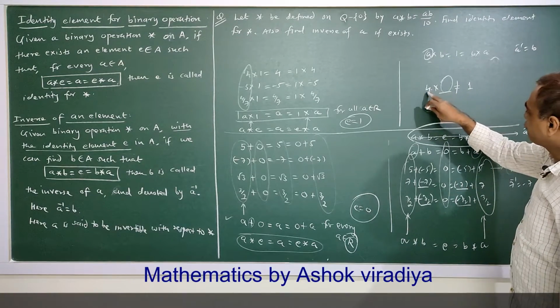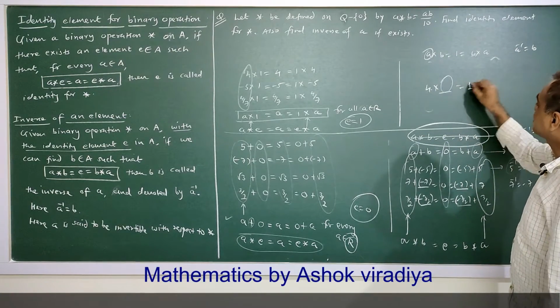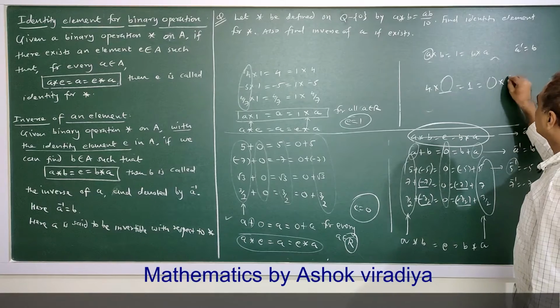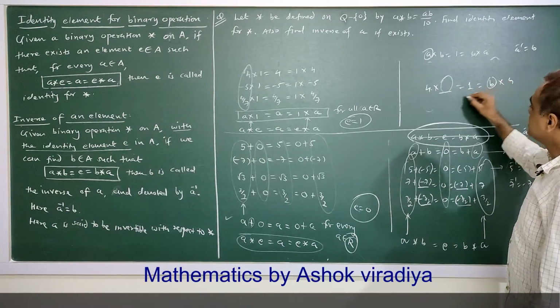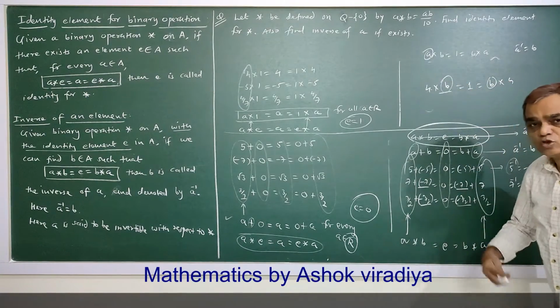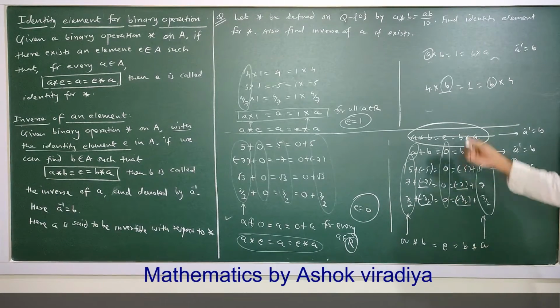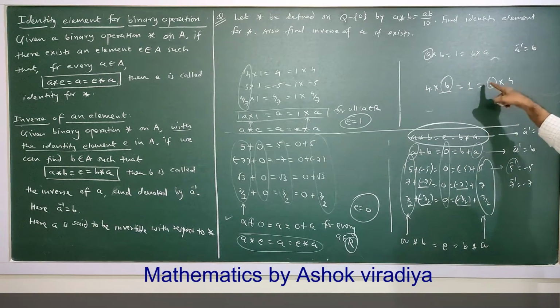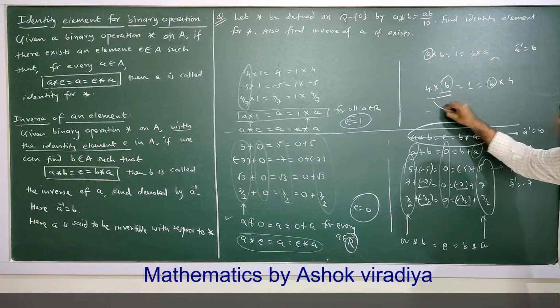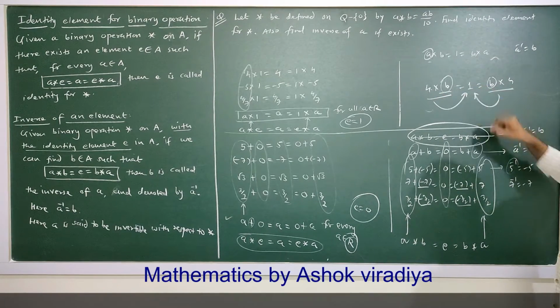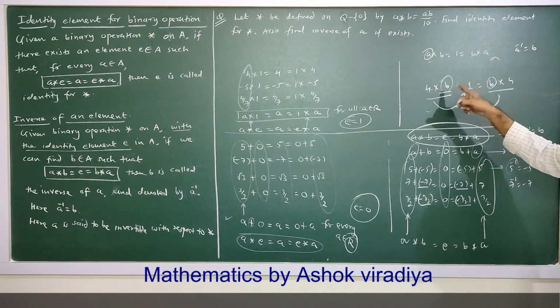Both sides: 4 into something is 1 and something into 4 is 1. So B is said to exist if A star B is E is equal to B star A. So both sides, this condition should be satisfied. Then we say the inverse of 4 is B.